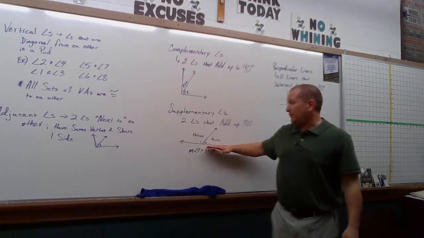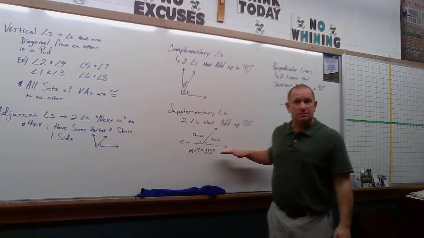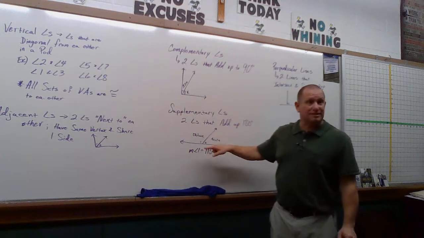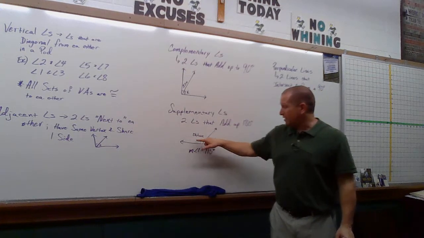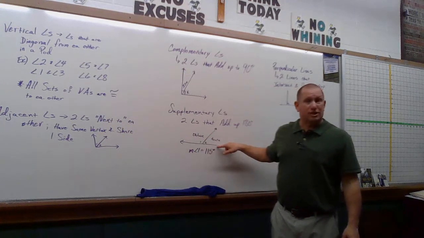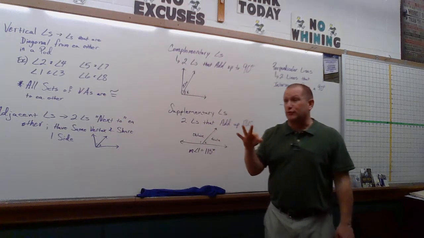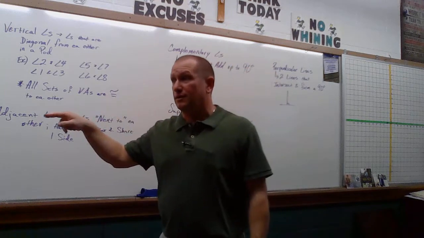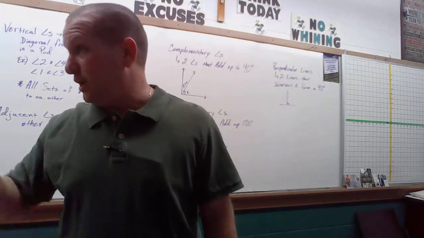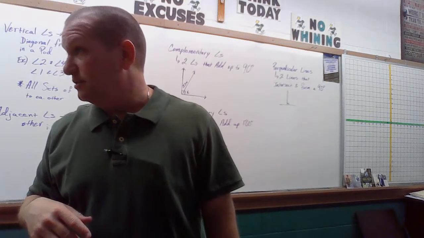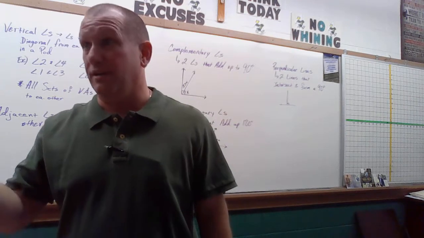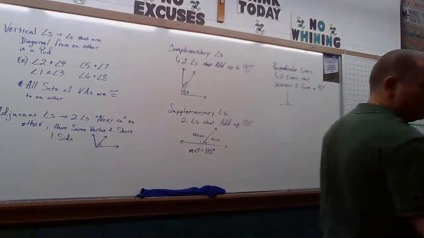Do angle 3 and angle 4 make this straight line? Yes. And do they share this one segment in between? So they would be considered what to each other? Supplementary. So what was angle 3? 56. So if angle 3 is 56, what's angle 4? 124. Because you did what? Subtracted from 180, because they're supplementary.